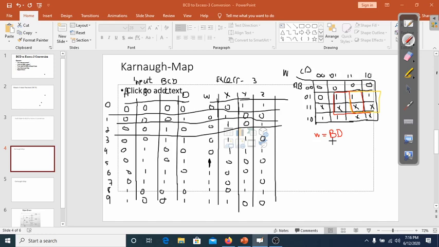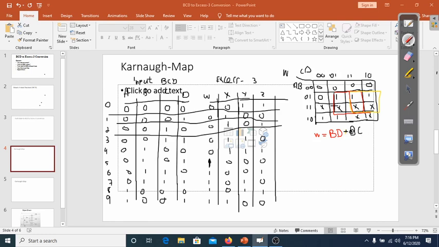I will get C. Here I will get C plus C, and in these boxes I will get C into B. I can write it as B into C.